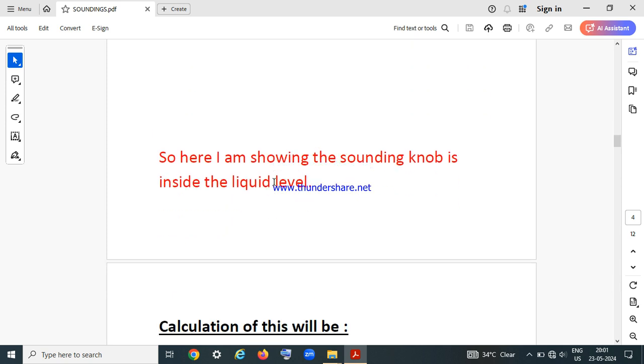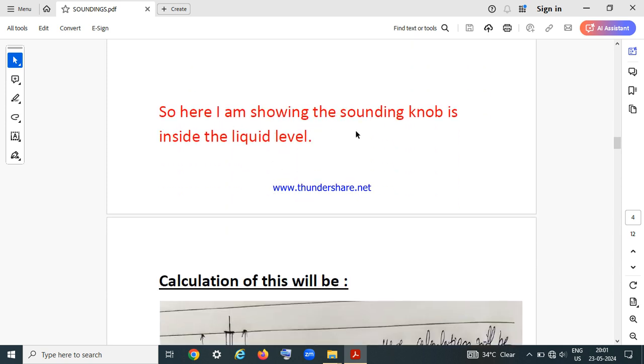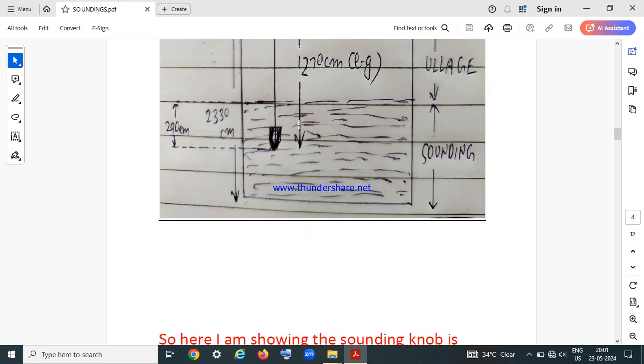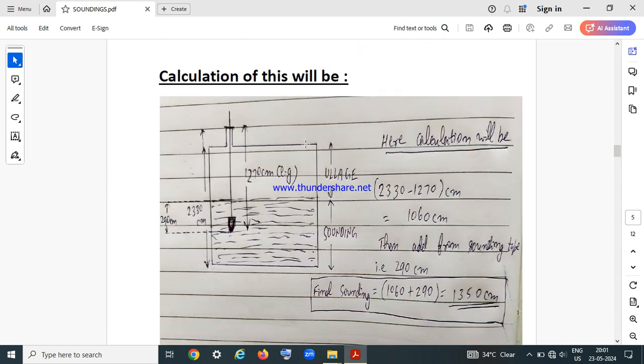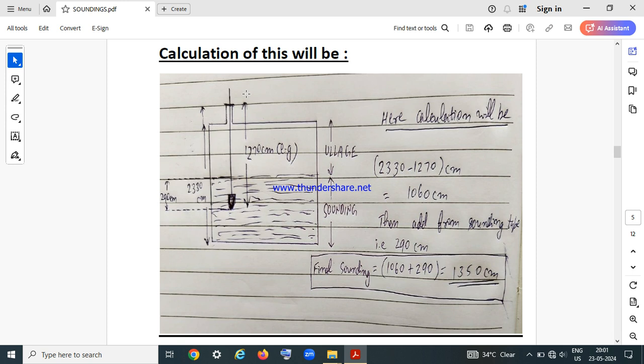And so here I am showing the sounding bob is inside the liquid level, which is this one, means not just touching the top of the liquid level, as per the previous example. So here calculation will be like this. We will subtract 2330 minus 1270, means how much sounding tape we put inside the tank or inside the sounding pipe.